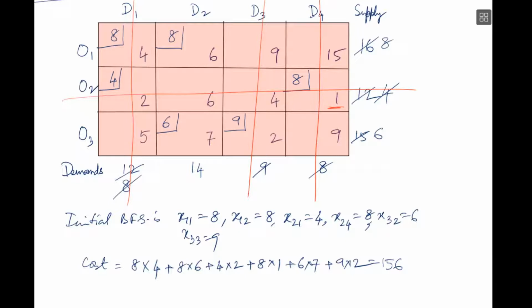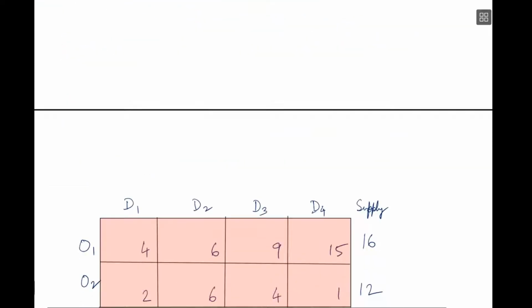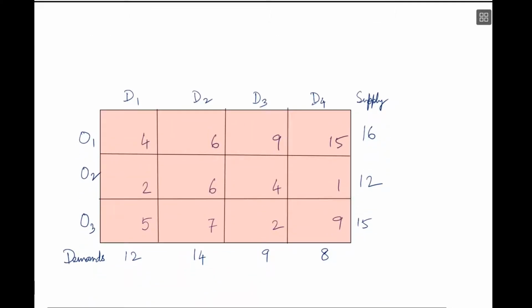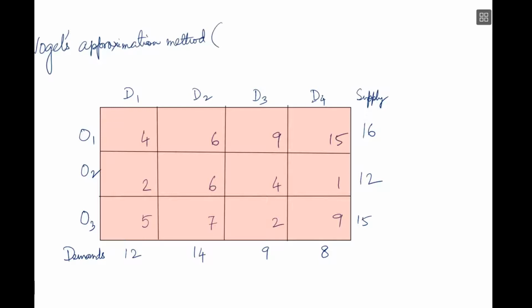We rather find initial basic feasible solution through another method known as the Vogel's approximation method, VAM in short, which is believed to give the optimal solution quickly.